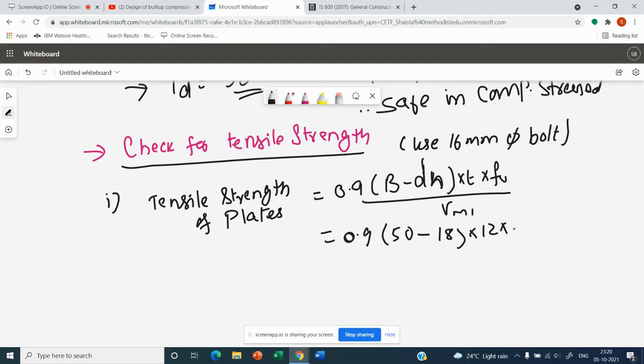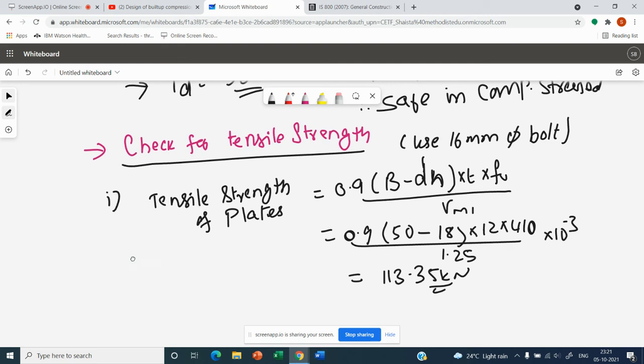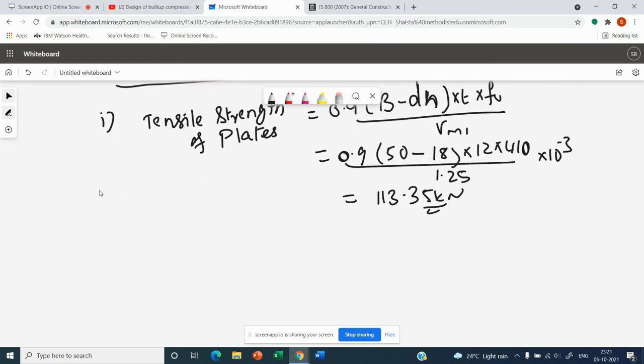The ultimate strength is 410. Ultimate stress, gamma M1 is 1.25. Now, if you divide it by 1000, you get the answer in kilonewton. Okay, so that is 113.35 kilonewton. This is the tensile strength TDN, net tensile strength.